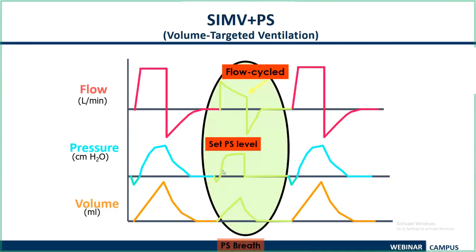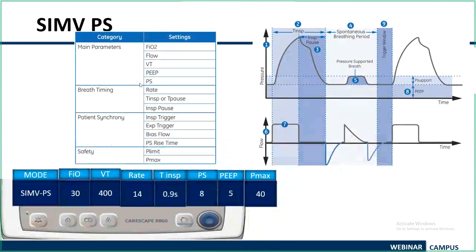So that is the difference. So even when you keep a pressure support, you don't have proper control on the tidal volume generated. Whereas in assist control, whatever the machine generates, for the patient triggered breath also, that will be the same.